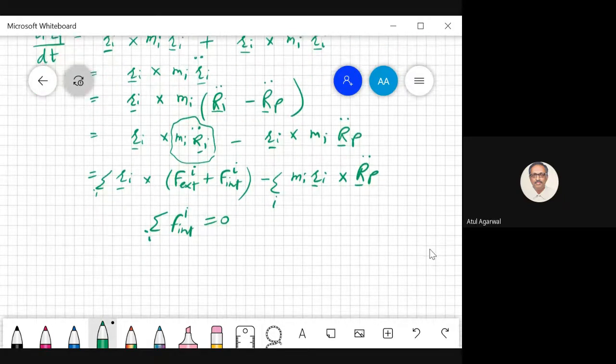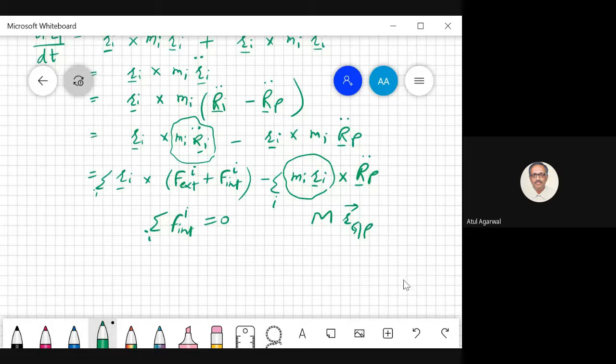And what is this term mi Ri? You can say it is M R. This will be nothing but the position vector connecting point P to the centroid. This is basically giving you the position of the centroid, mass into centroid position vector as seen by the observer at P. Any problem with this?